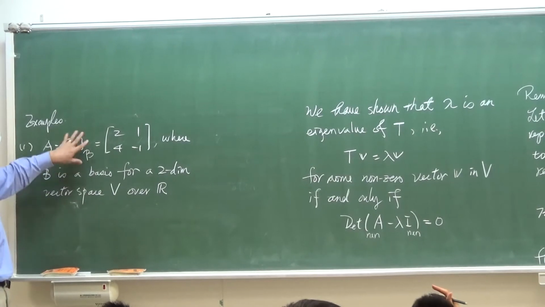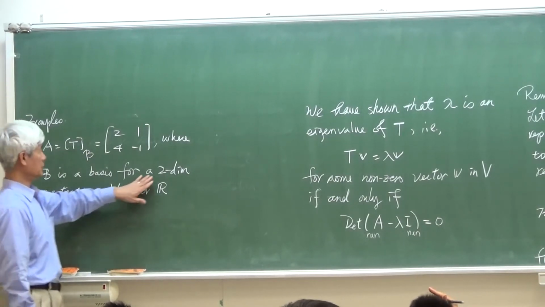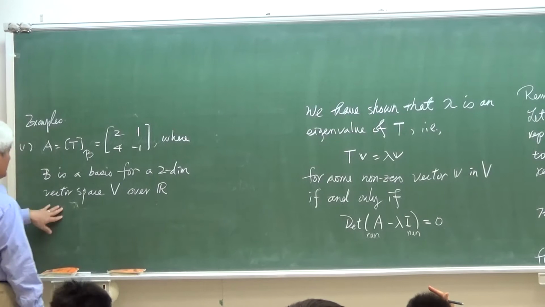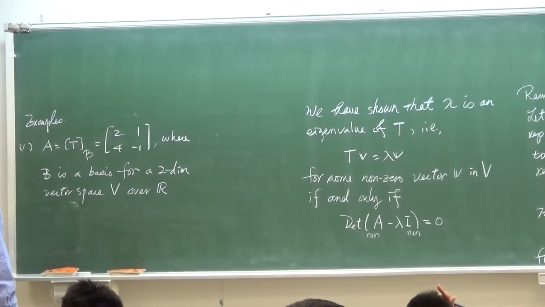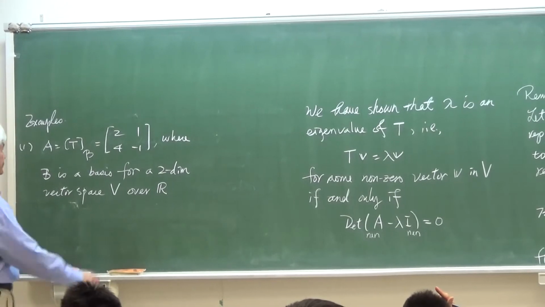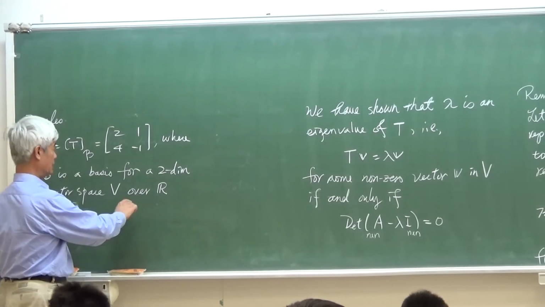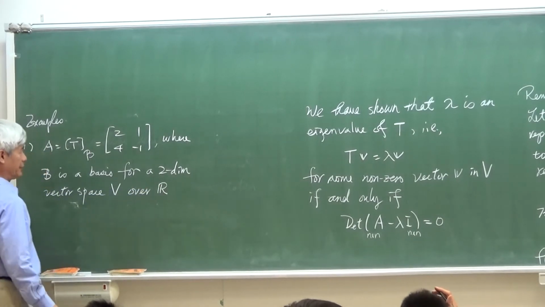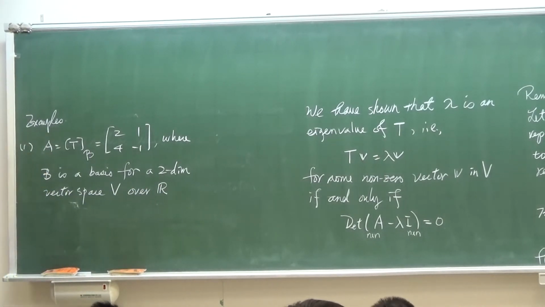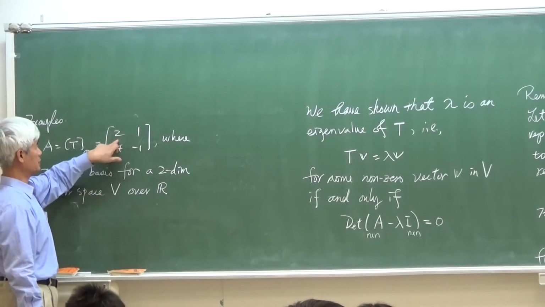There is a basis for the two-dimensional vector space R squared. The scalar field is the set of all real numbers, so the entries are all real numbers.